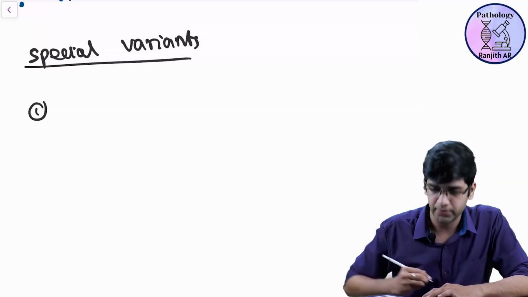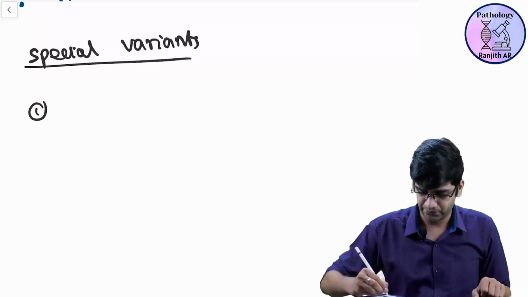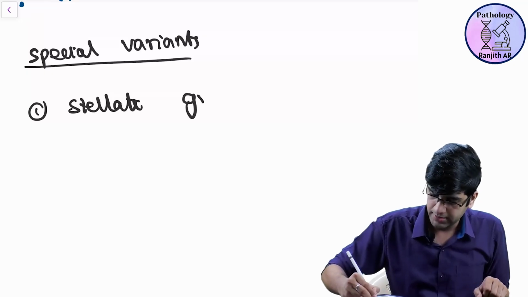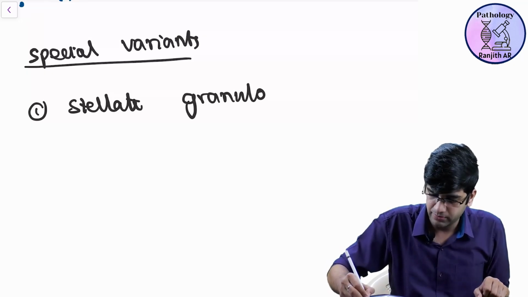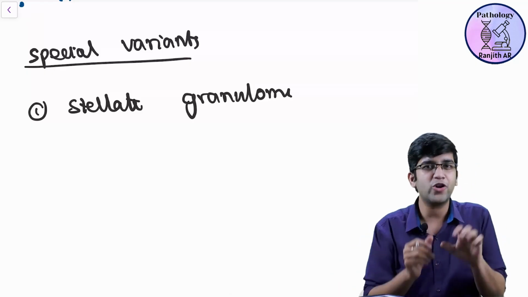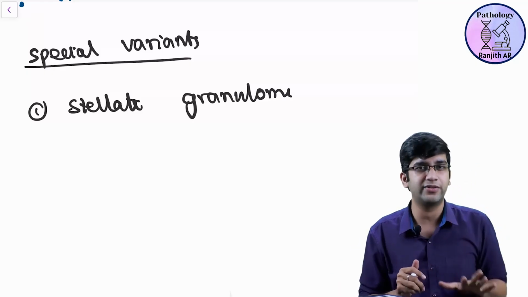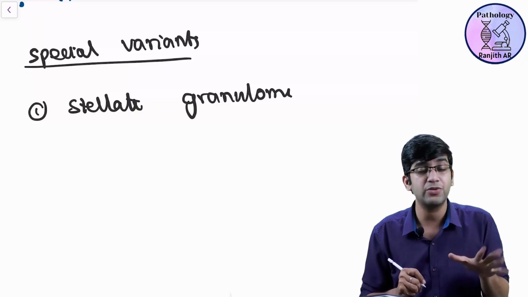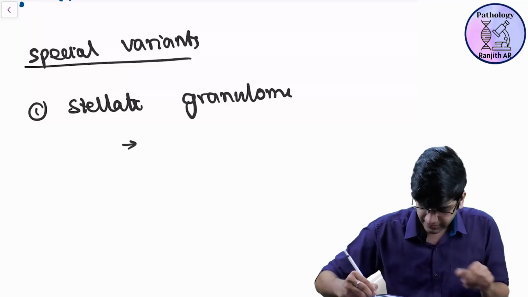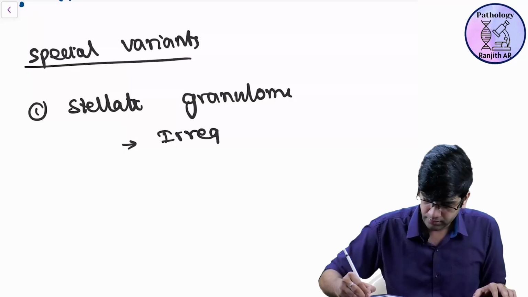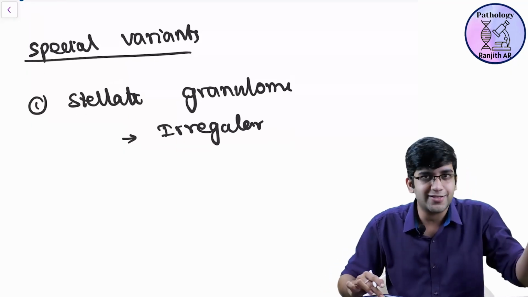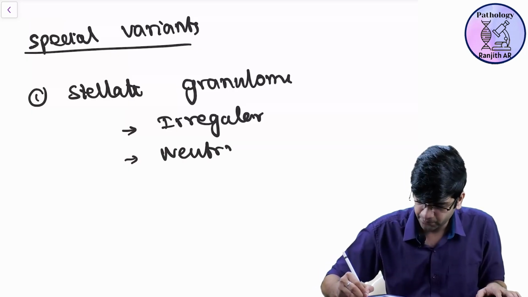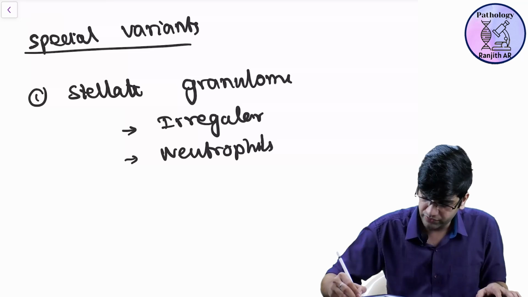The first is the stellate granuloma. Stellate means star-shaped, though it will not be exactly star-shaped. It will be irregular, that's all. These are granulomas with neutrophils also. They are actually microabscesses. These are irregular granulomas, like a star, with lots of neutrophils in the granuloma.